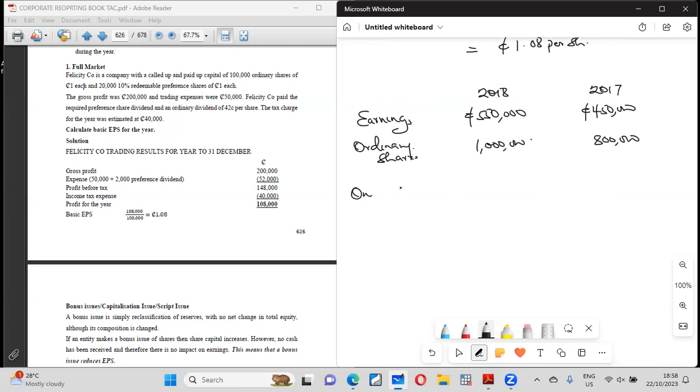Then we say that on July 1, 2018, the entity issued shares, and the shares they issued were 200,000 shares, at full market price.